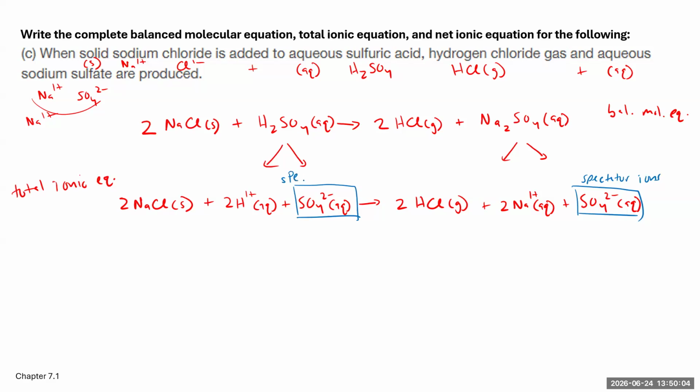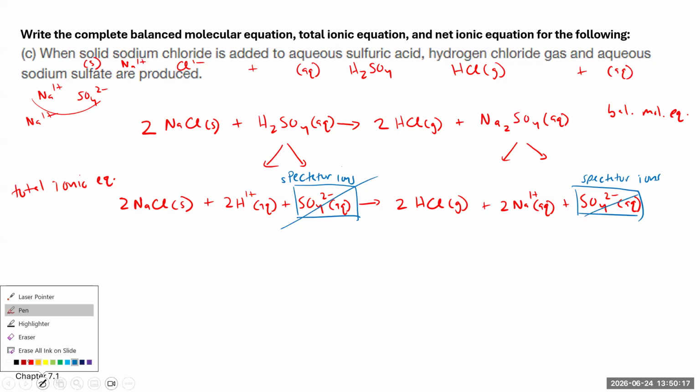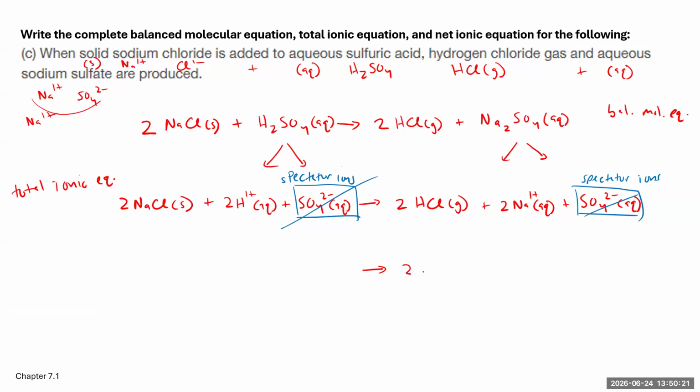So basically the ion was just floating around in the solution. A reaction happened, it's still just floating around. It's not doing anything, right? So those cancel out. We're going to bring everything else down to make our net ionic equation.